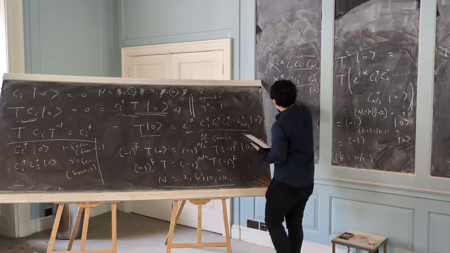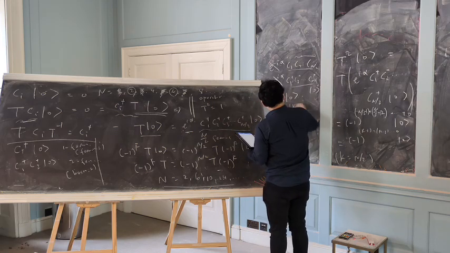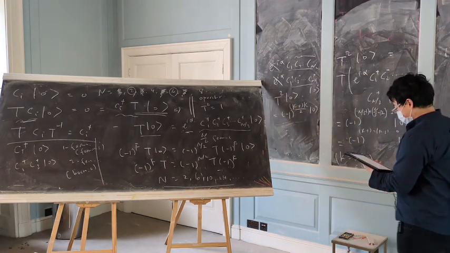So you'll find that t squared on 0 equals minus 1 to the k minus 1 k over 2 times the 0 state, for k equal to over 2.